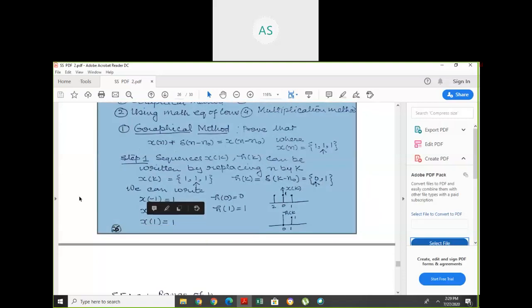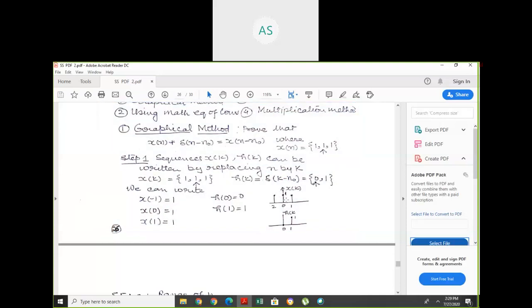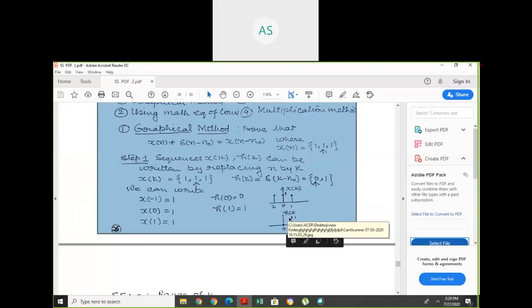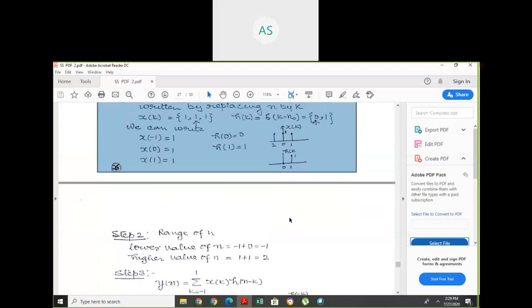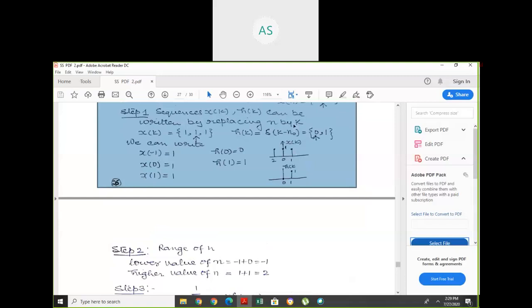We draw x of k here and h of k here. First step, we replace x of n by x of k, and h of n minus n naught is replaced by h of k minus n naught.